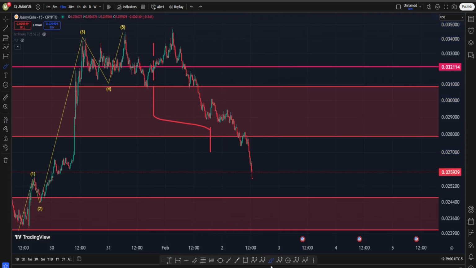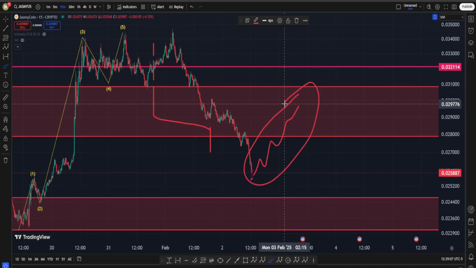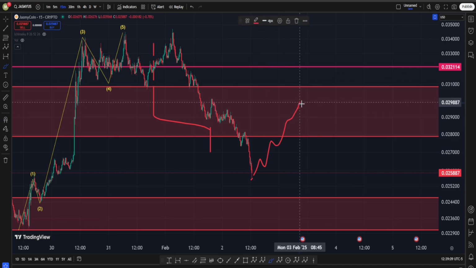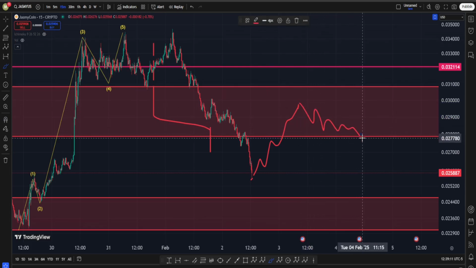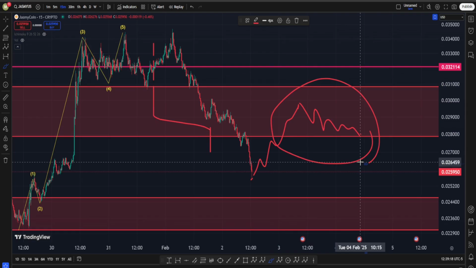No, I think we are going to do something like this, a decent bounce back right in here in order to create our initial impulse off of the lows, and then we are going to see a corrective movement, something like this. And right in here, I think in Stoch RSI at that point in daily charts, we are going to get a buy signal, which is actually going to be a decent long opportunity.